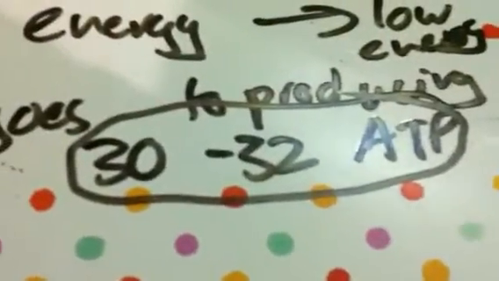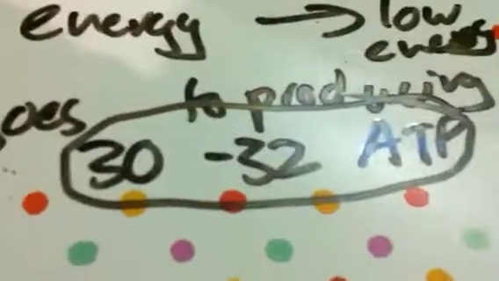And this is the energy that goes in to producing, wait for it, 30 to 32 ATP.